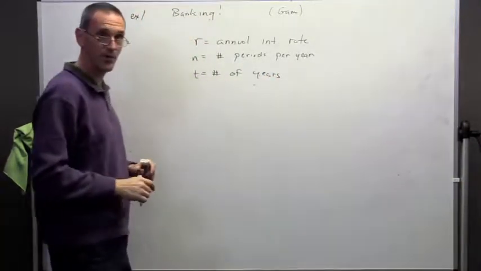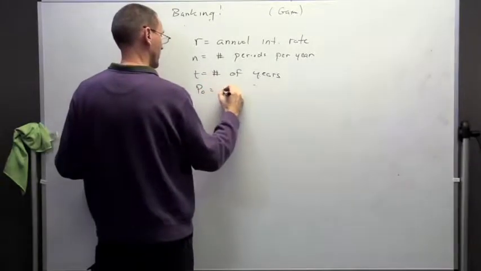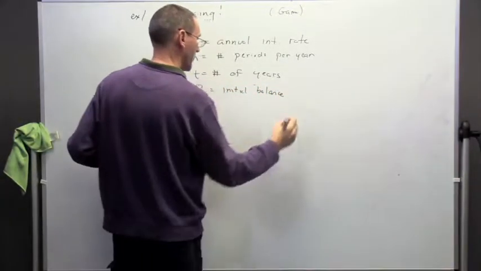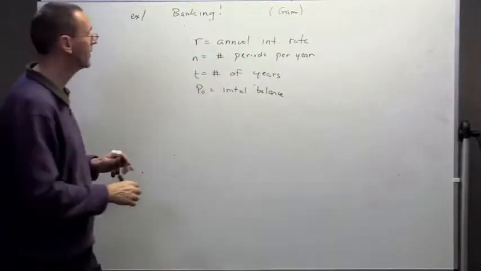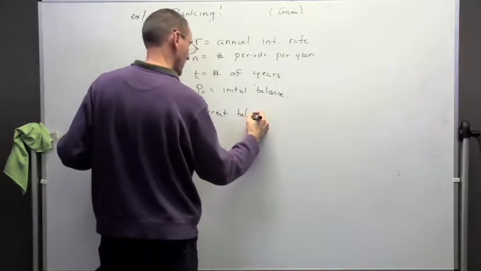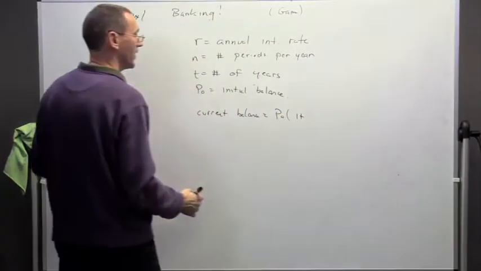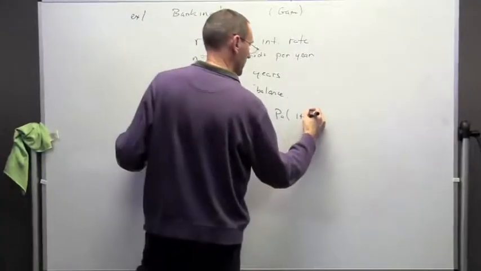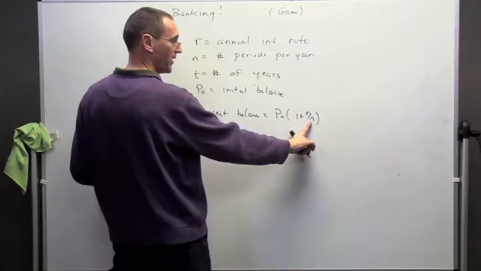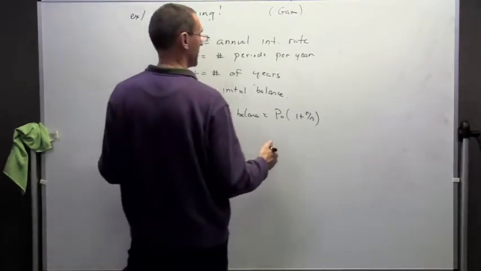We have the number of years that we're going to let this thing sit. And we have some initial balance. So the current balance then is going to be the initial balance, I'm going to multiply by 1 plus, that's the effective interest rate that's charged each interest period. And that's a definition. That's just how the banker defines it.